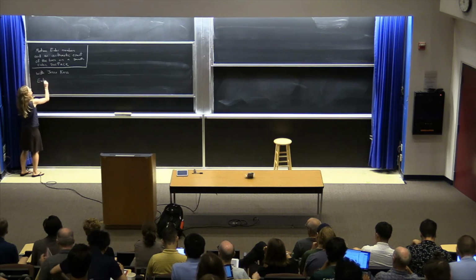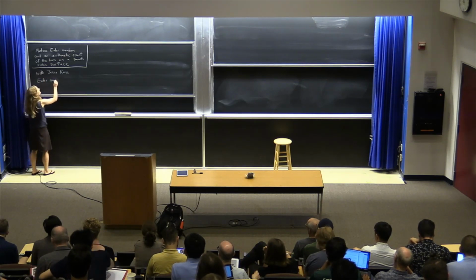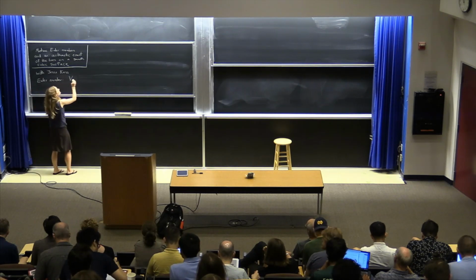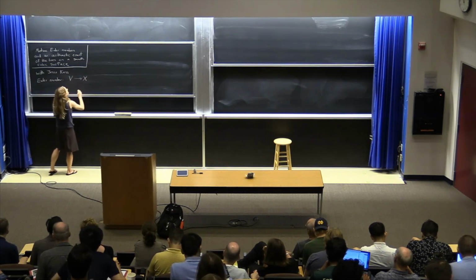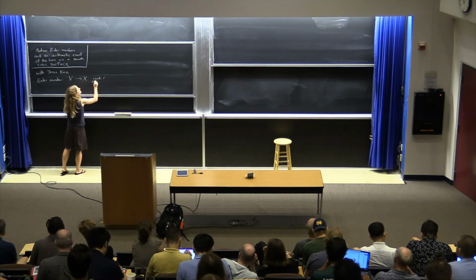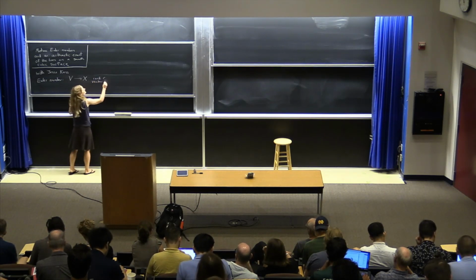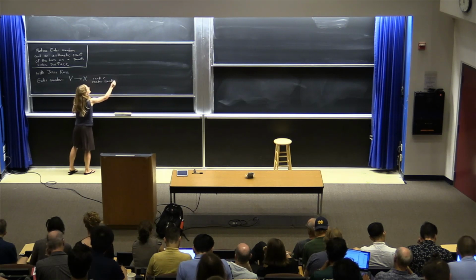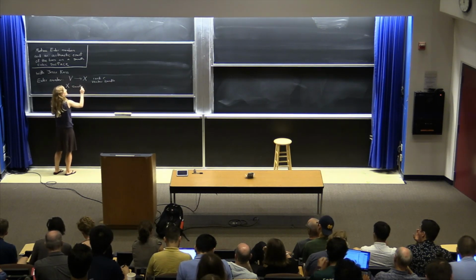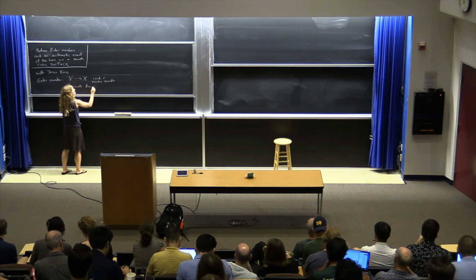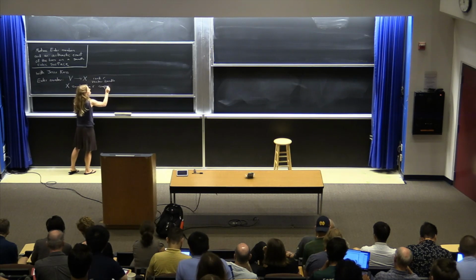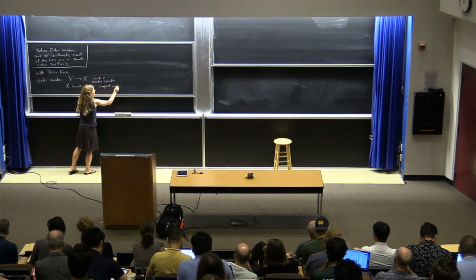So Euler number: if we have a vector bundle on a manifold, so let's let this be a rank R vector bundle, and X a smooth real dimension R compact manifold.